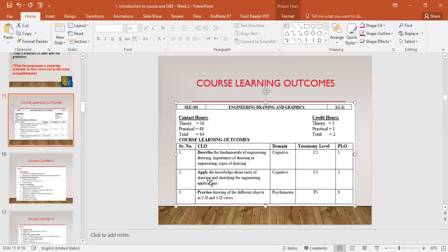Okay, and the second CLO is apply the knowledge about tools of drawing and sketching for engineering applications. What does that mean?